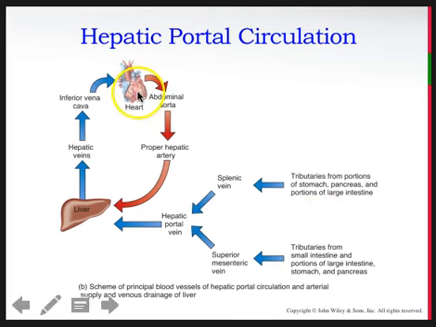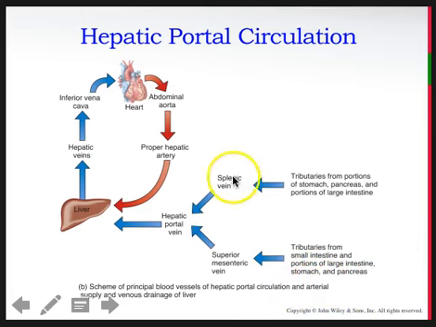Here's the heart, the abdominal aorta, and the proper hepatic artery that's going to feed the liver. So I've got oxygenated nutrient-rich blood coming into the liver. Over here, I have some tributary veins coming from parts of the stomach, the pancreas, and the large intestine. I've also got some others over here coming from the small intestine and large intestine, stomach, and pancreas.